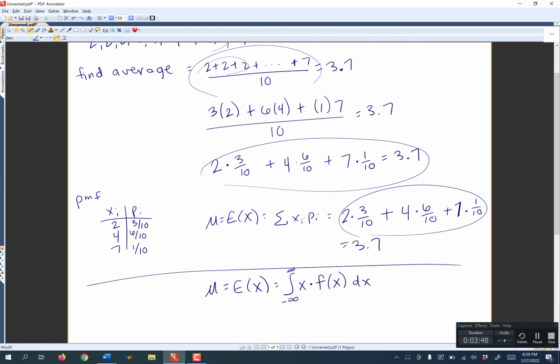That's just our way of saying add up all of the possible x values times the PDF, which is kind of like the PMF, but not really the same because we've now switched to infinitely many possible x's, and it does some interesting things. But that's why the formulas work.